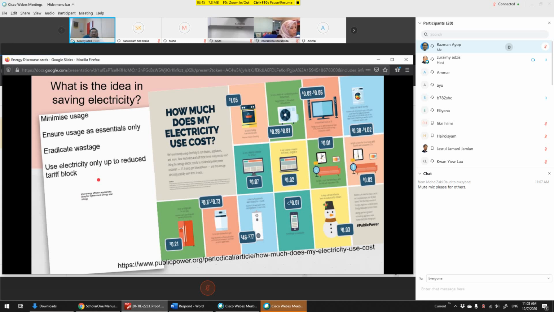Alright. Okay, next. Use energy efficient appliances. Yes, ini ramai yang dah nampak. Suruhanjaya Tenaga pun ada membantu kita dengan memberi star rating, energy star rating untuk alat-alat. Jadi, we choose the 5-star ratings because they are so-called the energy efficient appliances.